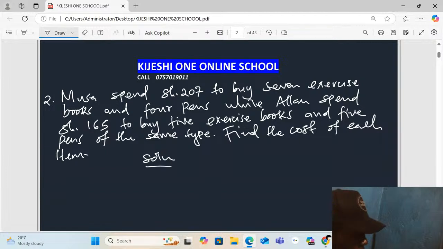The question reads, Musa spent 207 shillings to buy 7 exercise books and 4 pens, while Alan spent 165 shillings to buy 5 exercise books and 5 pens of the same type. So the books and the pens are of the same type. Now, the question wants us to find the cost of each book and each pen.